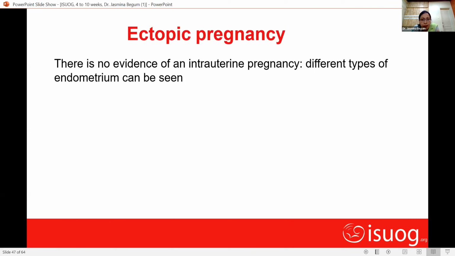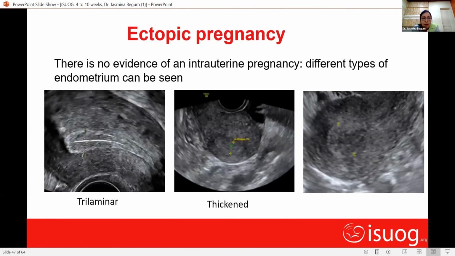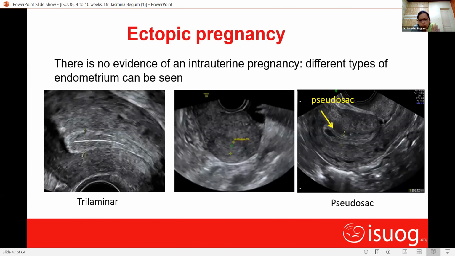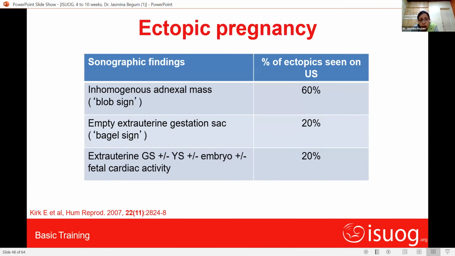That means you are not getting a gestational sac inside the uterine cavity. There is no evidence of intrauterine pregnancy, but you may see different types of endometrium, the trilaminar, thickened endometrium, or a pseudo-gestational sac. But sonologically, you may get other signs of the various presentations of ectopic pregnancy.